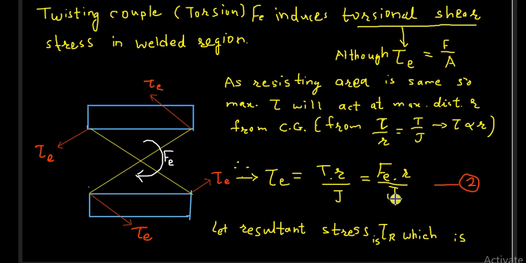of the weld material. For that we will need this polar moment of inertia. T is nothing but our Fe, that is the moment due to force F, and it will be Fe. R is this distance from center CG to the last point of the length L of a weld bead.